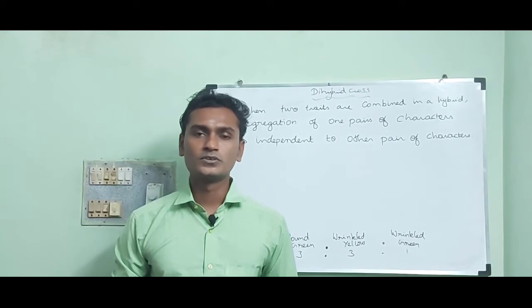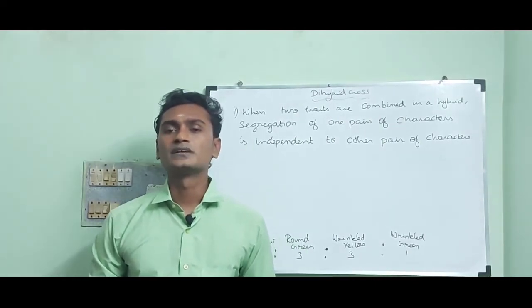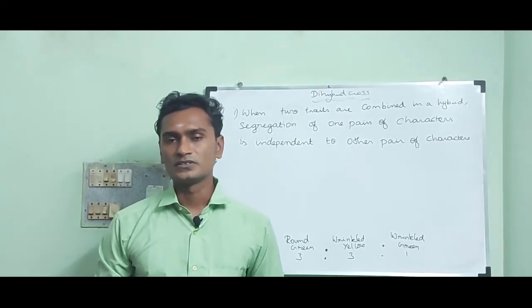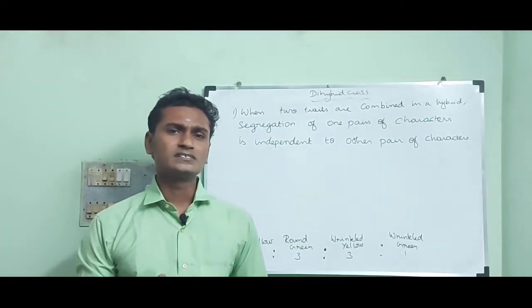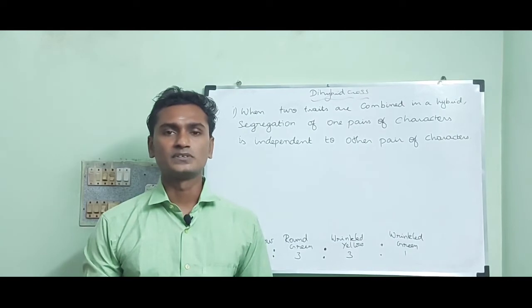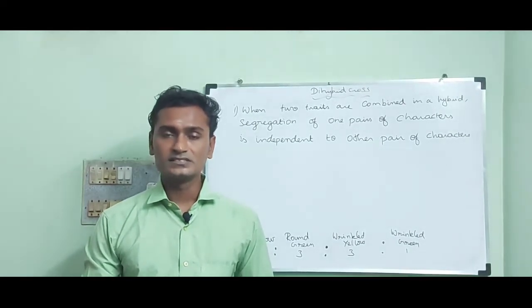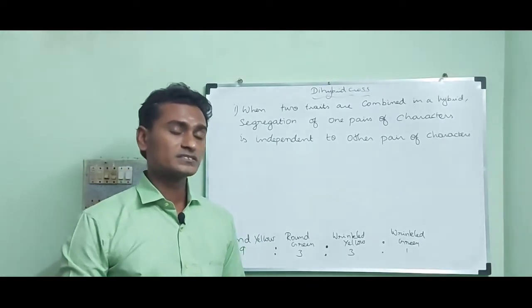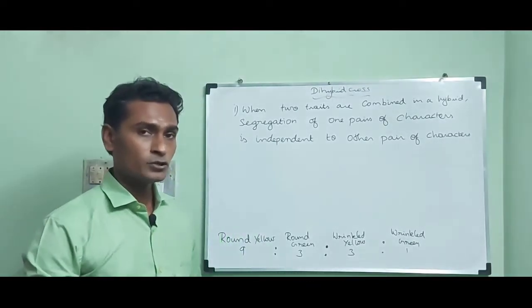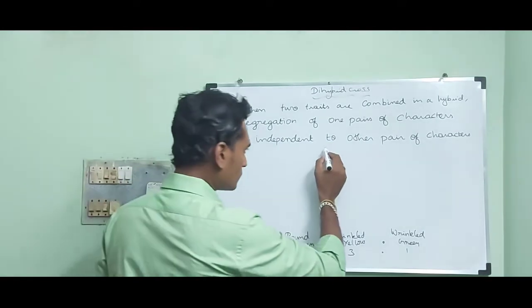Now I am going to tell you how Mendel constructed the law of independent assortment. Mendel considered each character independently. For a dihybrid cross, Mendel chose two characters.